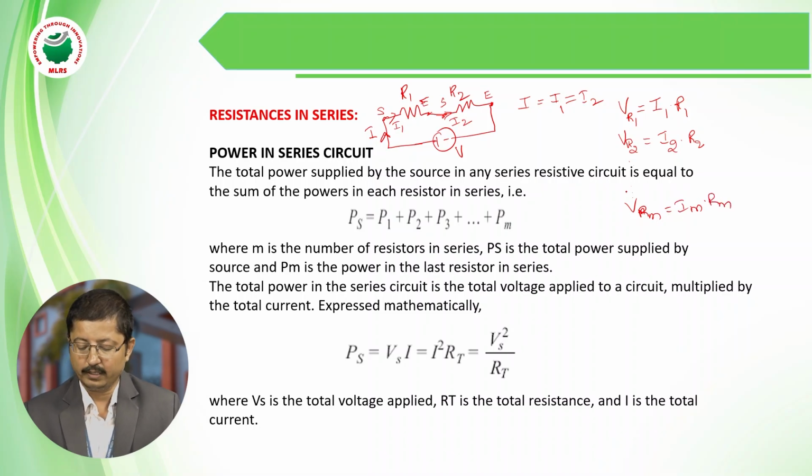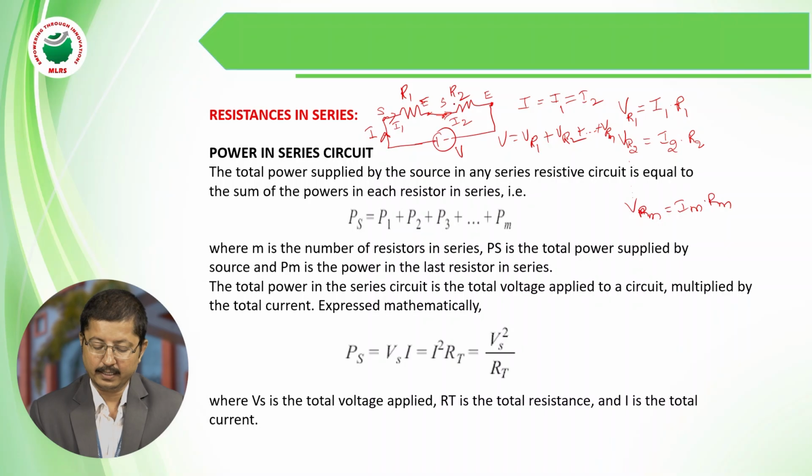If all these are connected in series, we have to apply Kirchhoff's voltage law here to find the equivalent resistance. So V equals VR1 plus VR2 up to VRm, the voltage across the mth resistance.